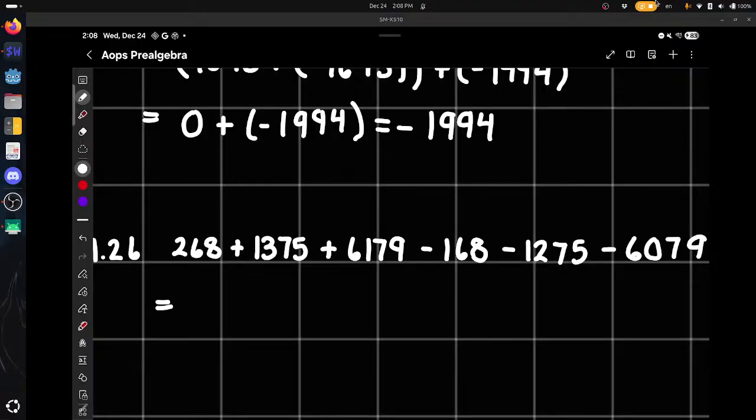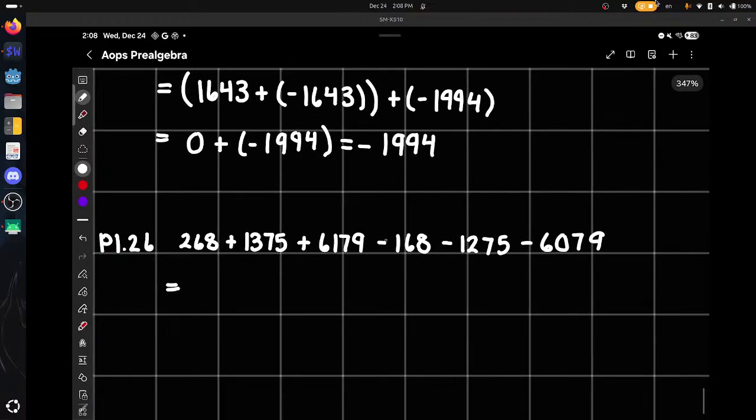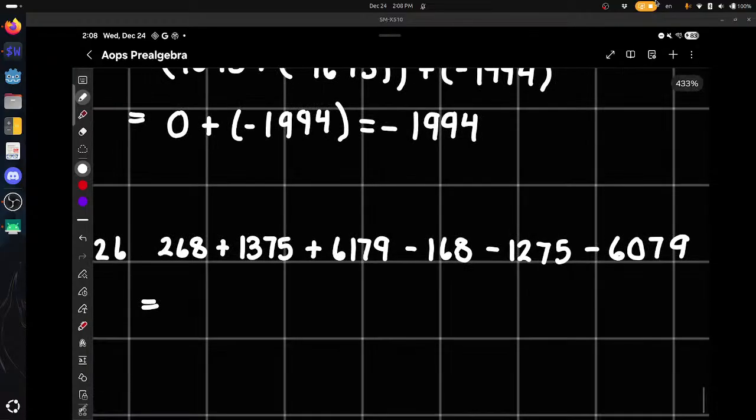Okay. So I definitely see a pattern where we can turn these numbers right here into this negation form, but I don't want to do that. That's a lot of work. But instead we can actually group this number with this number, this number with this number, this number with this number, and get 100. So let's do that.